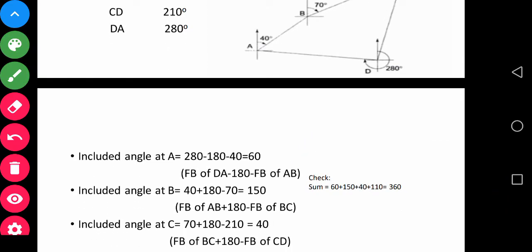So 280 minus 40, and we have seen that there is plus or minus 180 degrees. If the angle is greater than 180 degrees, we subtract 180 degrees to find the included angle, and if it is less than 180 degrees, we add 180 degrees. Here 280 minus 40 is greater than 180 degrees, so we subtract 180. So 280 minus 40 minus 180 comes out to 60 degrees.